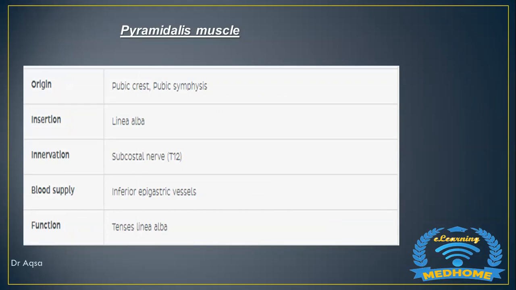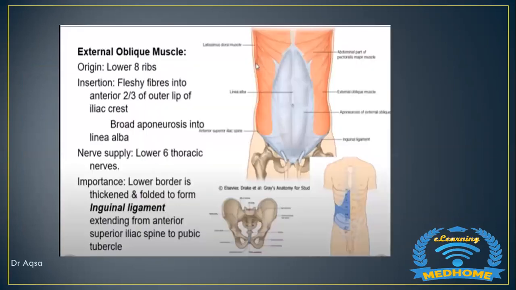And we have studied the external oblique muscle. It gets origin from the lower 8 ribs, and it is inserted on the xiphoid process, linea alba, the pubic crest, and the anterior 2/3 of the iliac crest. Its nerve supply is from the lower 6 thoracic nerves, that is T7 to T12.